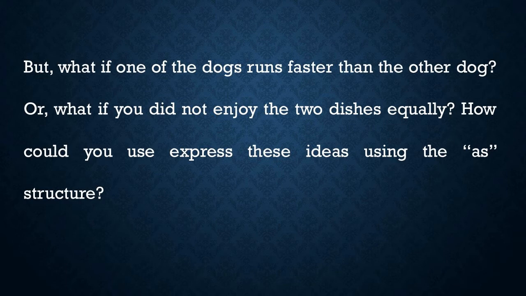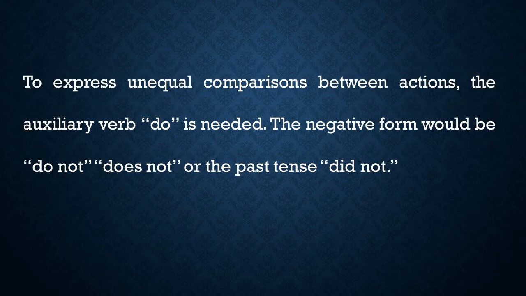But what if one of the dogs runs faster than the other dog? Or what if you did not enjoy the two rice dishes equally? How could you express these ideas using the as structure? To express unequal comparisons between actions, the auxiliary verb do is needed.